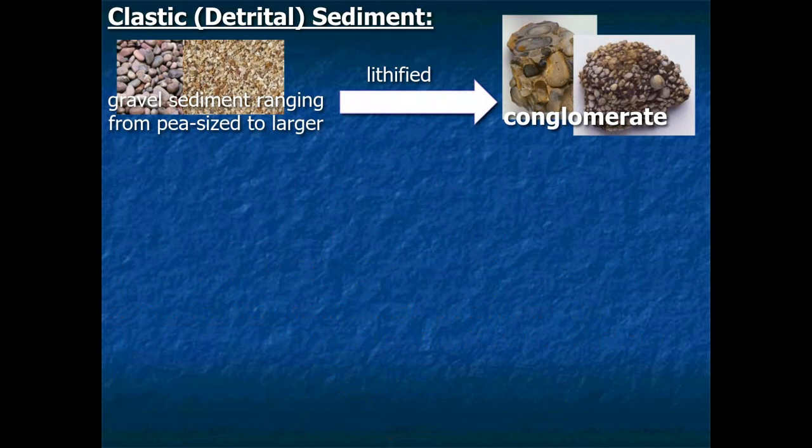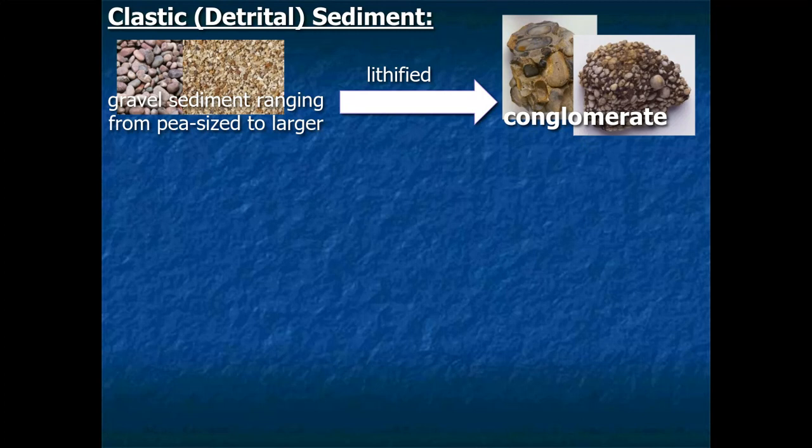So let's take gravel size sediment. You look at the left part of your screen, you see gravel sediment, typically ranging from pea size, so very visible, to larger. We lithify it, either compact it or cement it together, and this produces the sedimentary rock we call conglomerate.